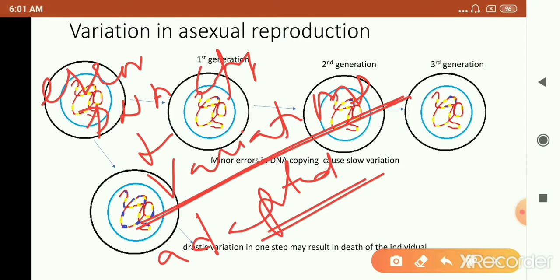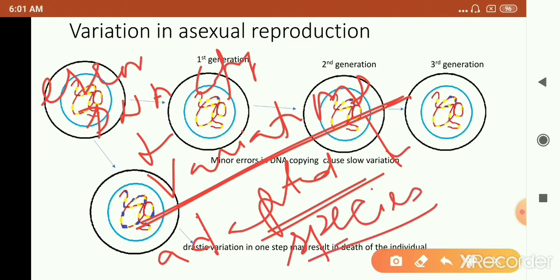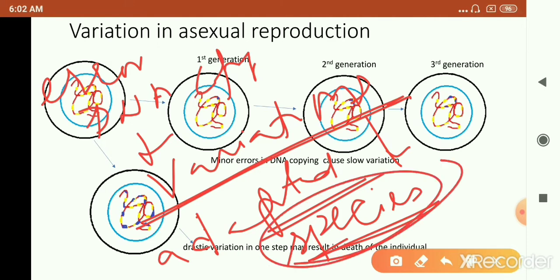So variations are very important for the survival of the species. It's already discussed that all individuals may not be protected under variation, but when we talk about a population, then the variations in the individuals in a population will help in the survival of a species.